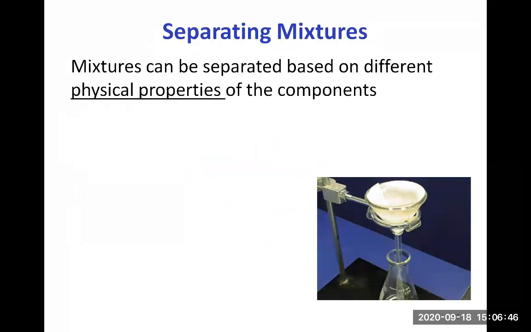And we can do it based on the different physical properties of the components. So if your substances have different physical properties, this will allow you to separate them. If you were separating them based on chemical properties, you would not separate them into substances that you had at the start. So it has to be based on physical properties.